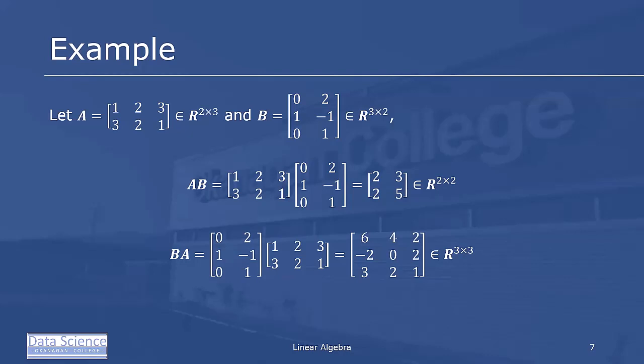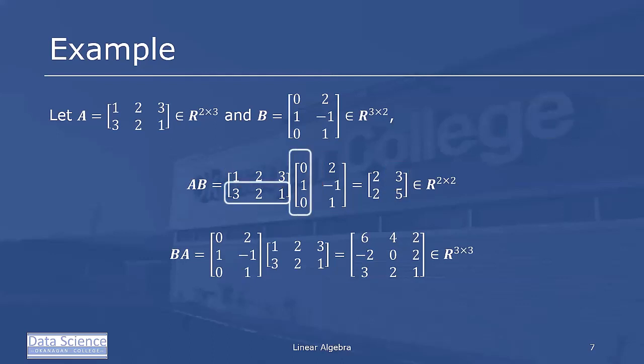We can then take row 1 of A and column 2 of B. 1 times 2 plus 2 times negative 1 plus 3 times 1, and that gives us 3. So that's the term in the first row, second column of our product matrix.